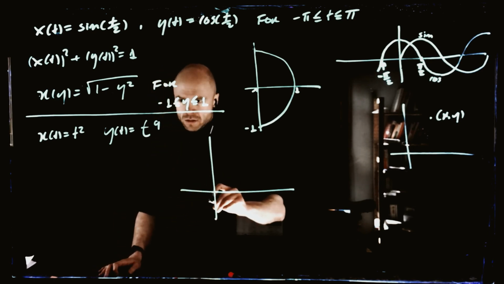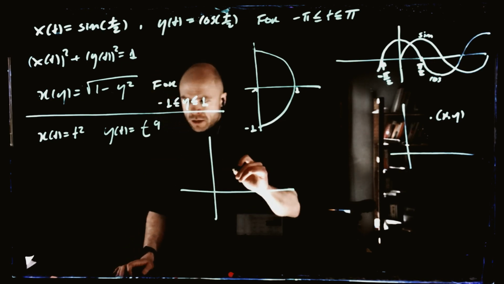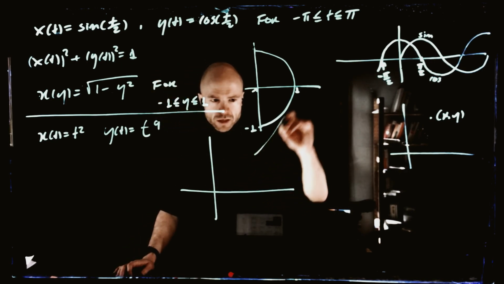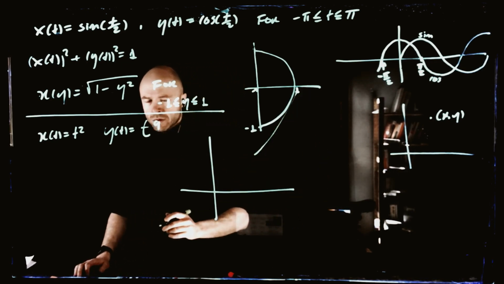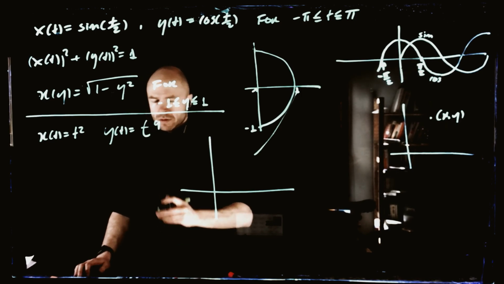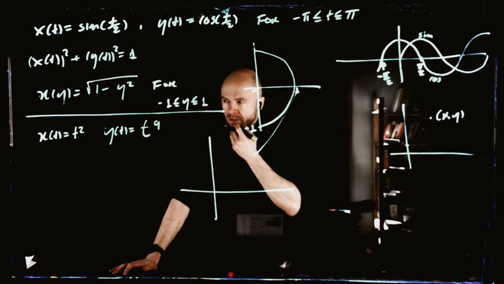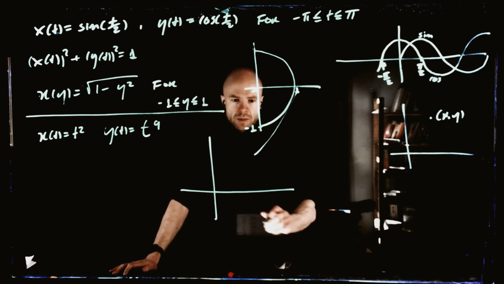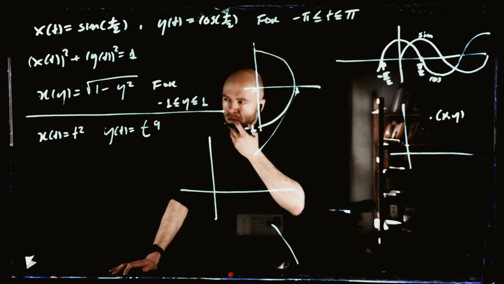So as t goes to infinity, then this is kind of growing like this. And as t goes to negative infinity, the x-coordinate's always positive, but the y-coordinate's negative. So it's going to be something like this, right?